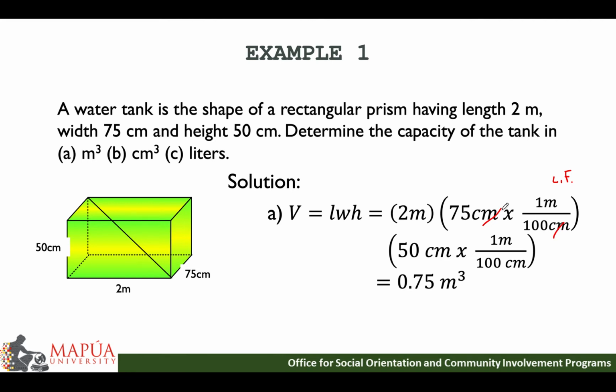The same goes for 50 centimeters, so we multiply by 1 meter over 100 centimeters. The centimeters will cancel out, so the unit will be cubic meters. Then 2 times 75 times 50 divided by 100 divided by 100, using your calculator, will give you 0.75 cubic meter.